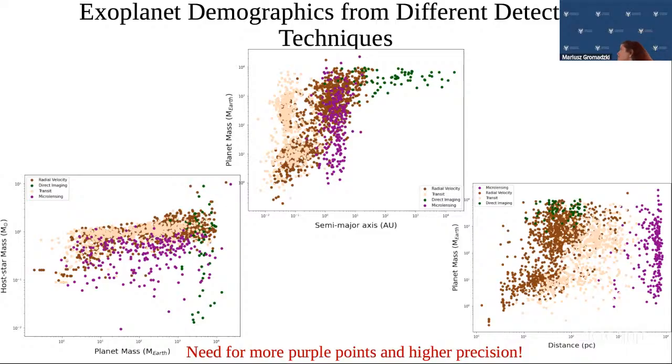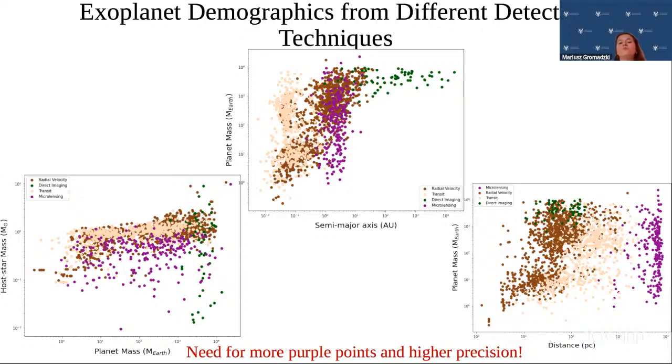This is not really what we observe with microlensing and direct imaging. The problem is that we don't have a lot of dots, and we don't always have good precision. So we cannot really know if this is new evidence that your theory is not correct, or if it's just an exception to the law.